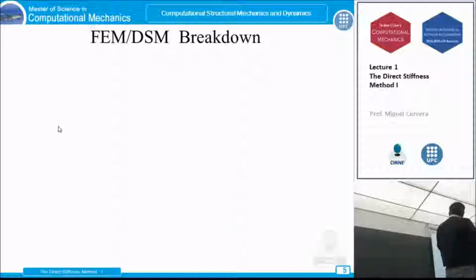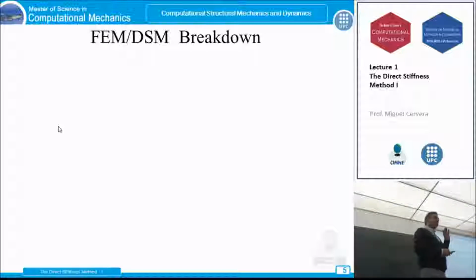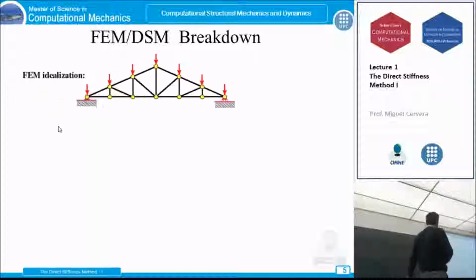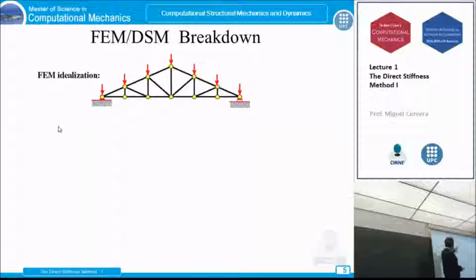Now, this is how the direct stiffness method proceeds. In these steps, always these steps. First, we have the idealization. This is the problem.